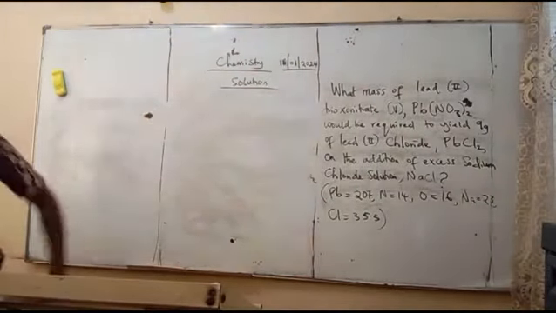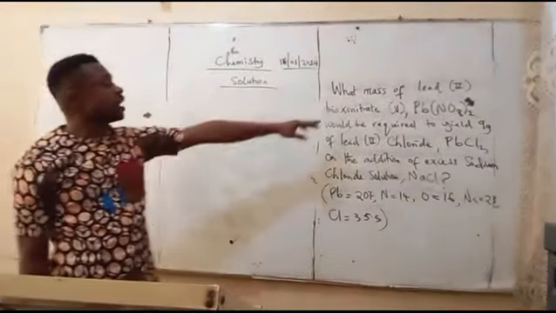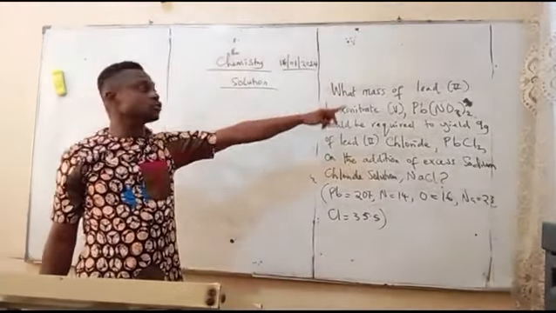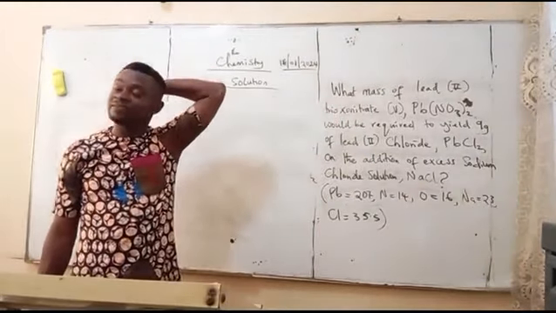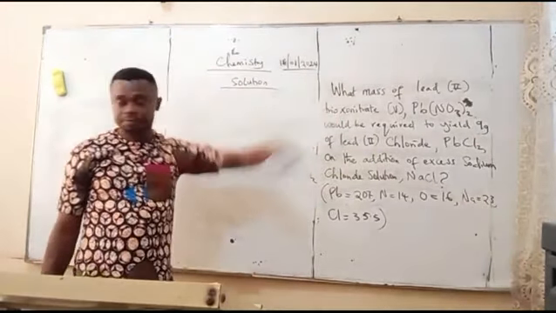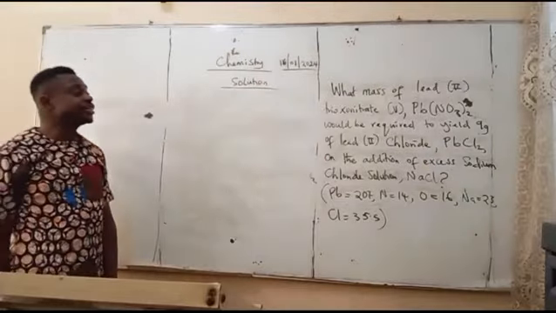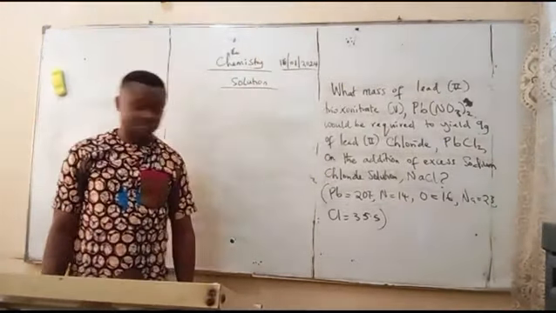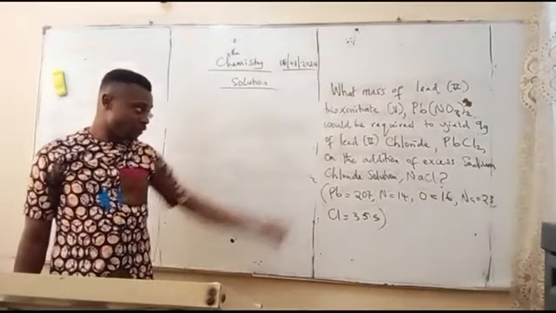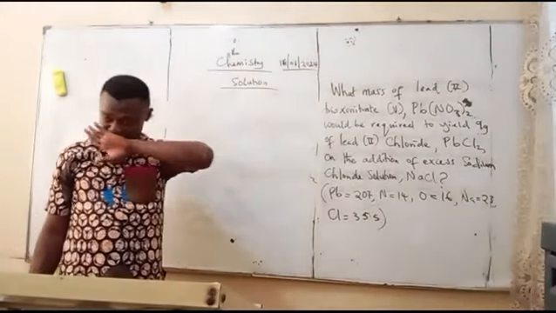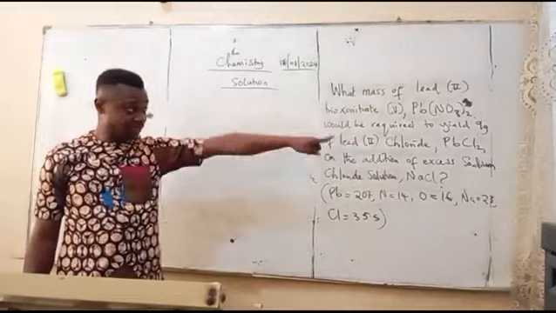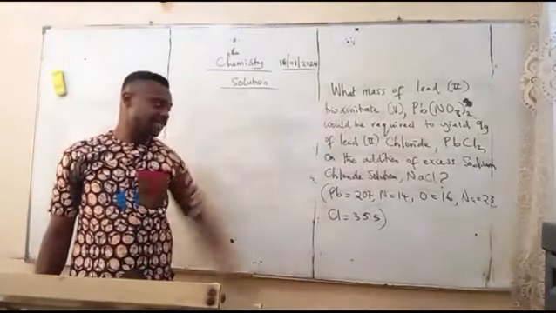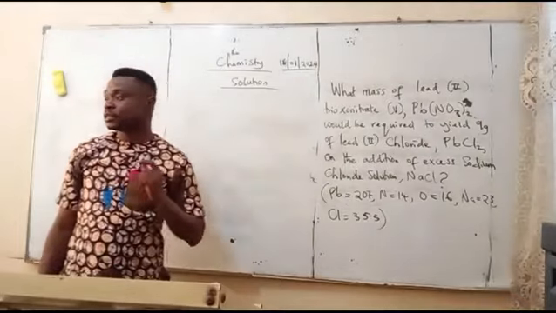The question says, what mass of lead(II) trioxonitrate(V), that's the formula, would be required to yield 9 grams of lead(II) chloride, that's the formula, on the addition of excess sodium chloride solution.